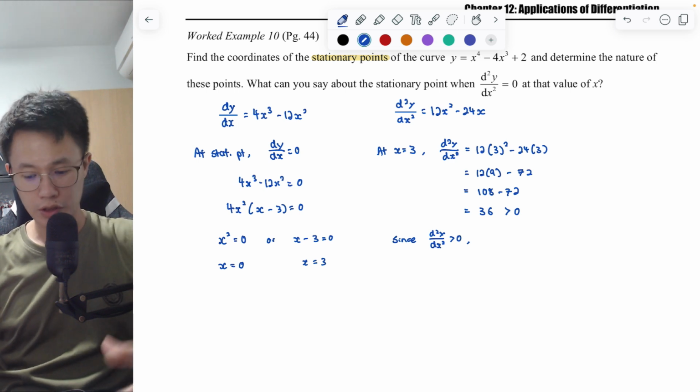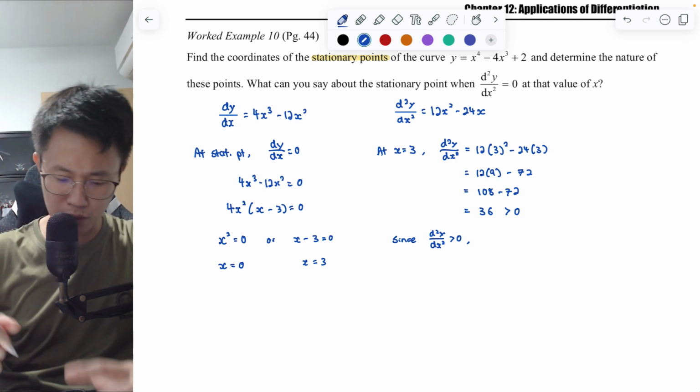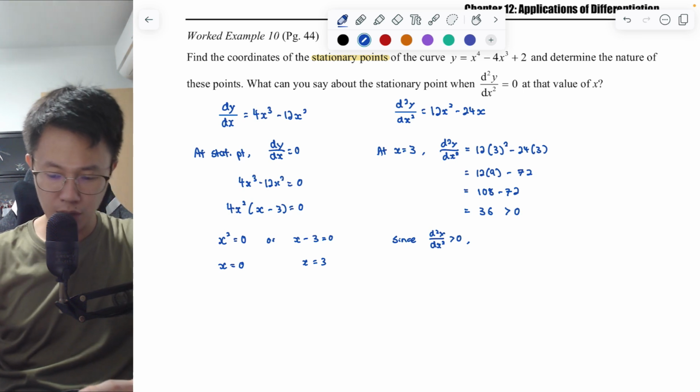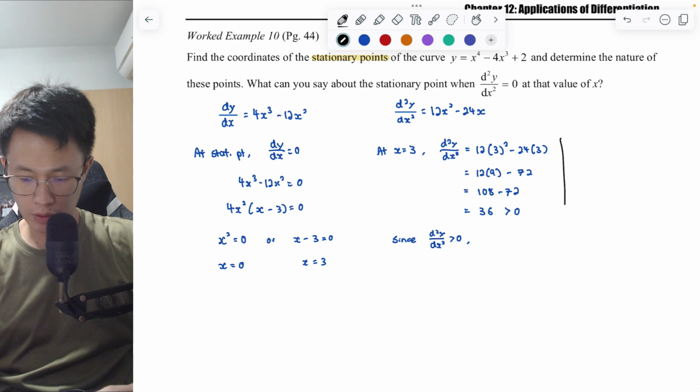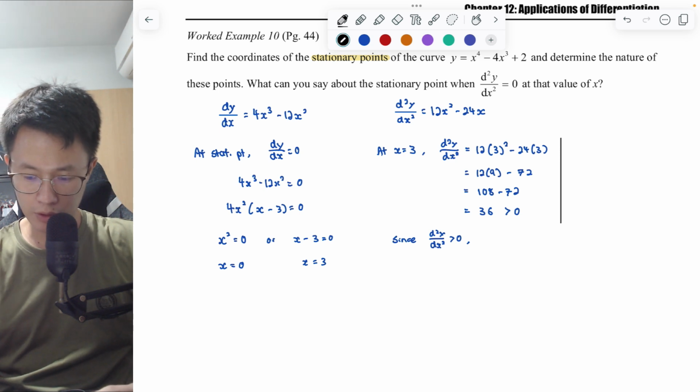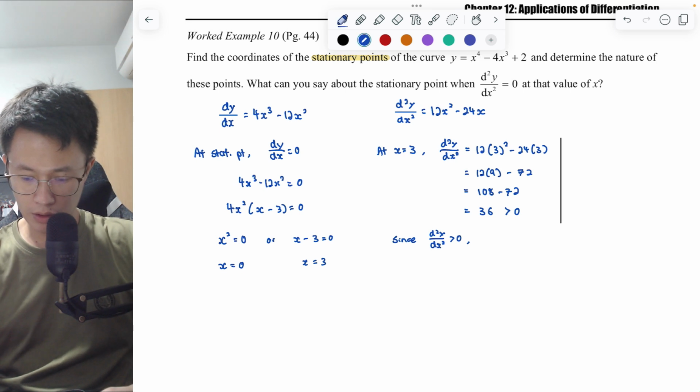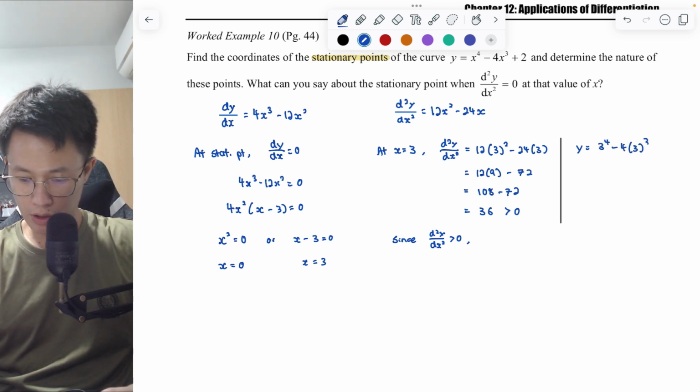We want to find the coordinates, right? So when x equals 3, we also want to find y, the y coordinate of the point. y equals 3 to the power 4 minus 4 times 3 to the power 3 plus 2. Wow, it's a very big number.